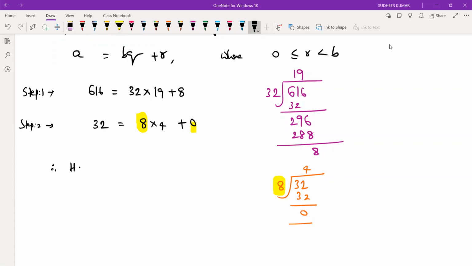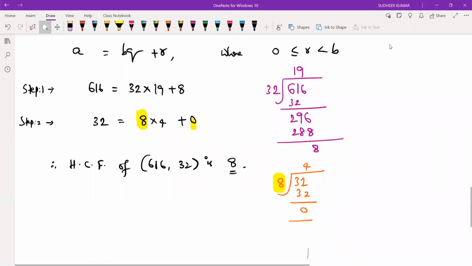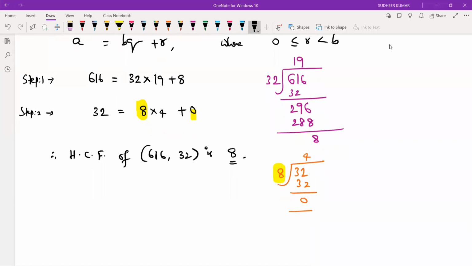Therefore, HCF of 616 and 32 is 8. So in how many columns can they march maximum? 8 columns. Therefore, they can march in 8 columns each.